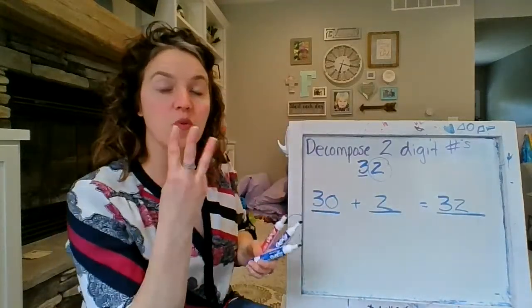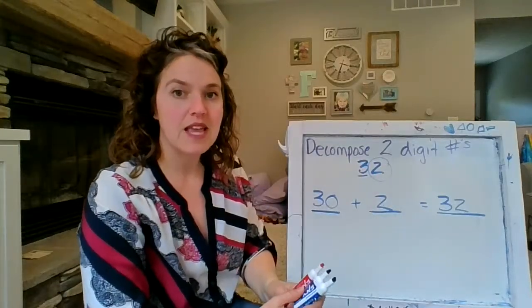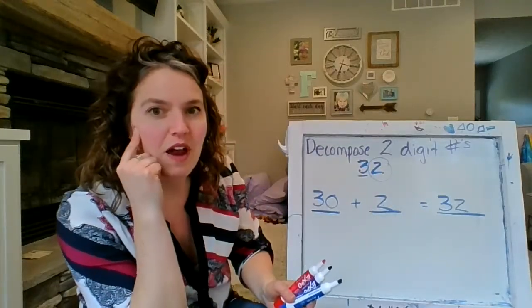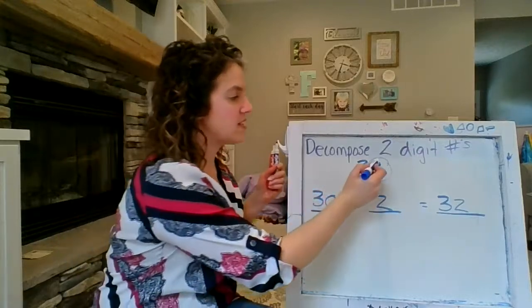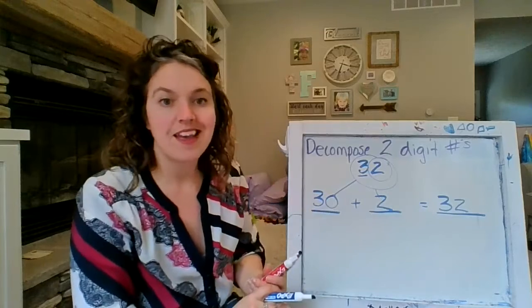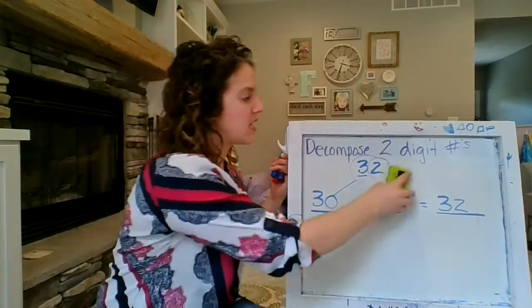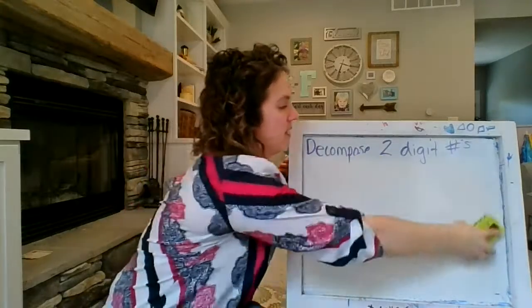So let's try writing it this way in our number sentence. And some of you might have thought, oh, that looks kind of familiar. There's our plus sign. It's really similar to a number bond. We're still breaking it, decomposing it. All right.